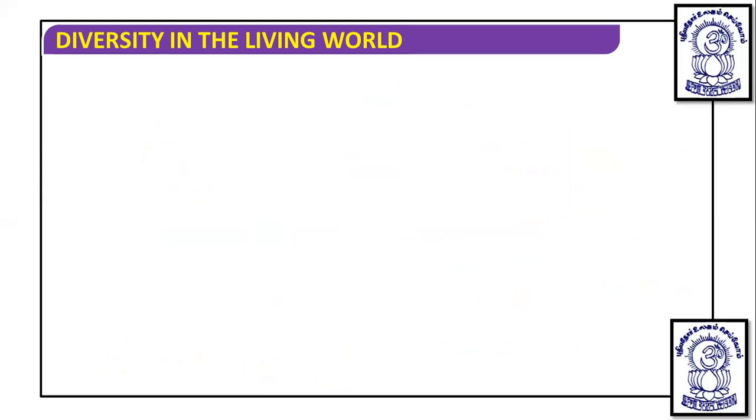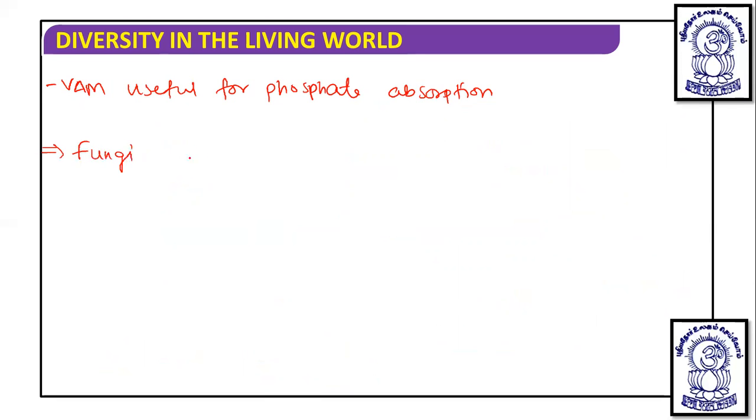So if we talk about the VAM, vesicular arbuscular mycorrhiza, the VAM is useful for phosphate absorption. First thing. Now here, the fungi mainly belong to the class Zygomycetes.